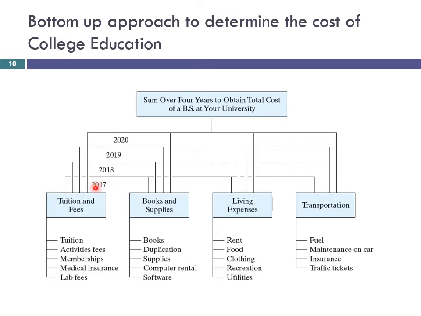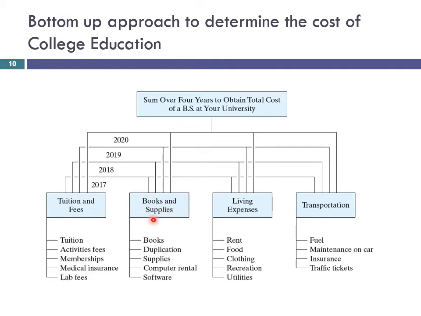And then at each year, we will have tuition and fees, books and supplies, living expenses, and transportation as main categories. And inside each one of these, for example, under tuition and fees, we have tuition, activities fees, memberships, medical insurance, lab fees.